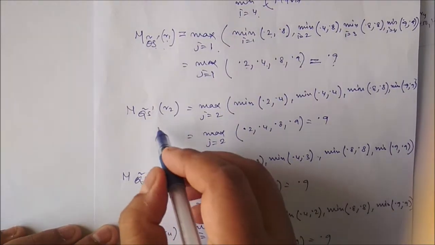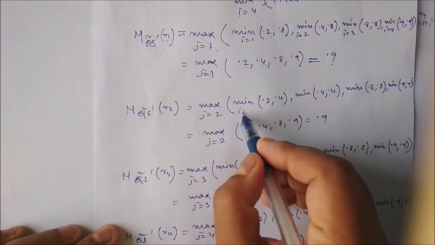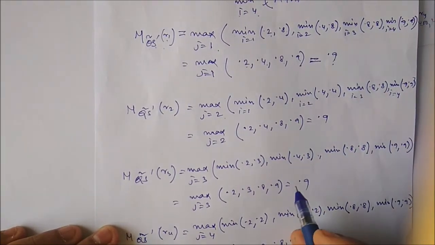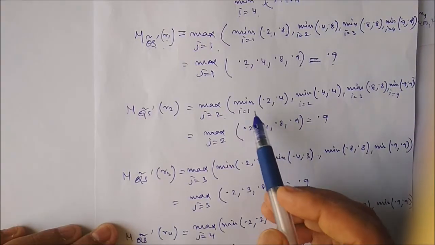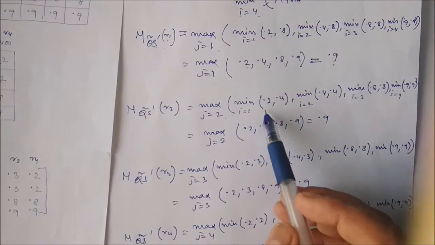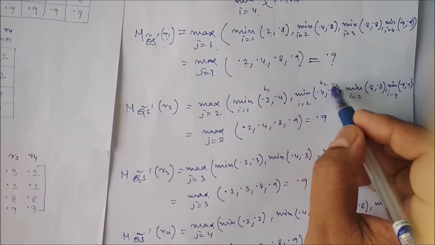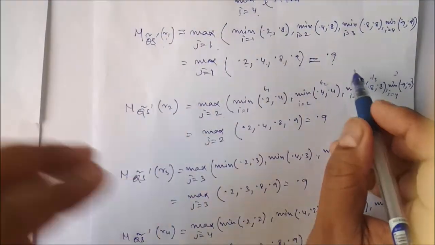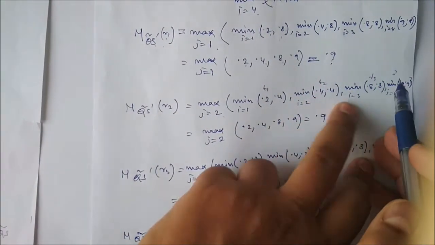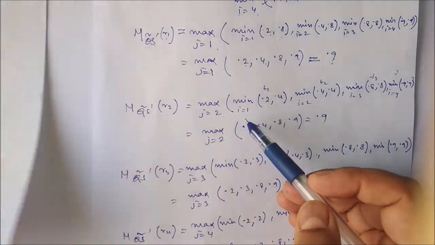So if j is equal to 2, here i will be 1, 2, 3 and 4. Let us take one more example. T1, T2, T3 and T4: T1 is 0.2, which we have just calculated, then 0.4, 0.8 and 0.9.